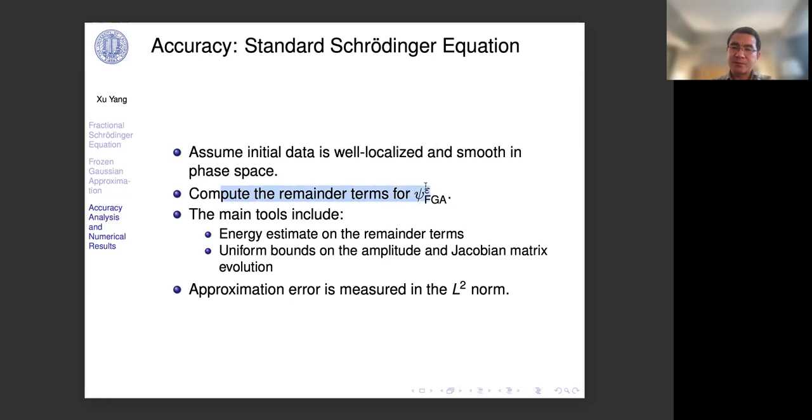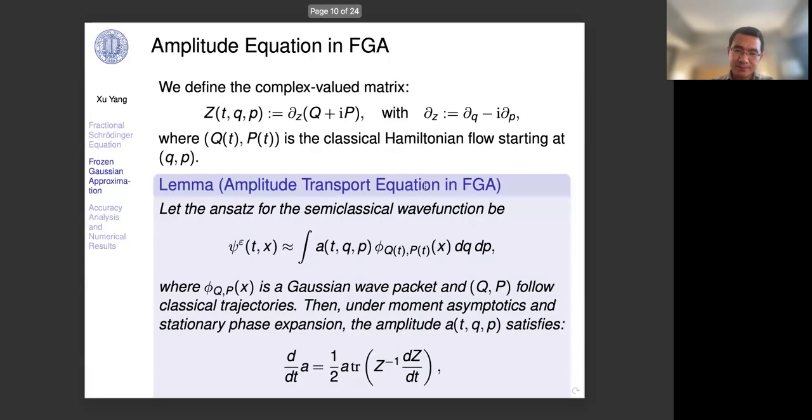What do the remainder terms mean? It basically means that when we approximate the wave function like this, this is the asymptotic part. We consider A0 plus epsilon A1 plus epsilon squared A2 plus dot dot dot, and then we plug it in.